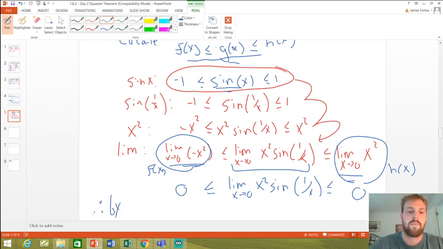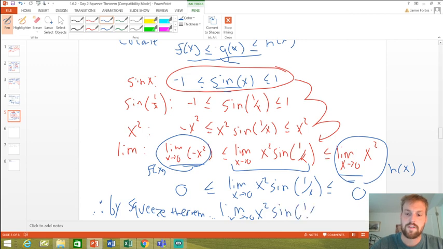Therefore, by squeeze theorem, then you want to write the whole thing again. The limit as x approaches 0 of x squared sine of 1 over x also must equal 0. Pretty good, huh? Squeeze theorem. It's not bad. It's actually pretty straightforward once you get the hang of it.